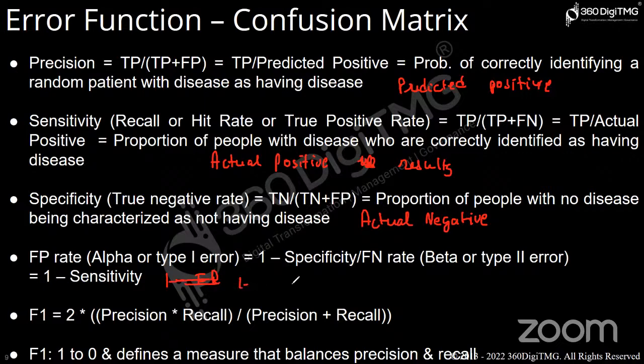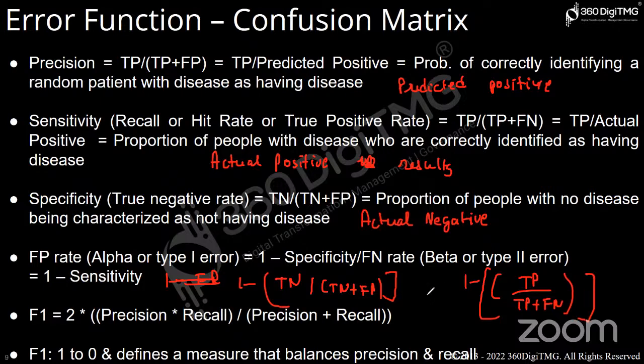This is 1 minus true negative divided by true negative plus false positive, or 1 minus specificity. And beta or type 2 error is known as 1 minus sensitivity. So 1 minus true positive divided by true positive plus false negative.